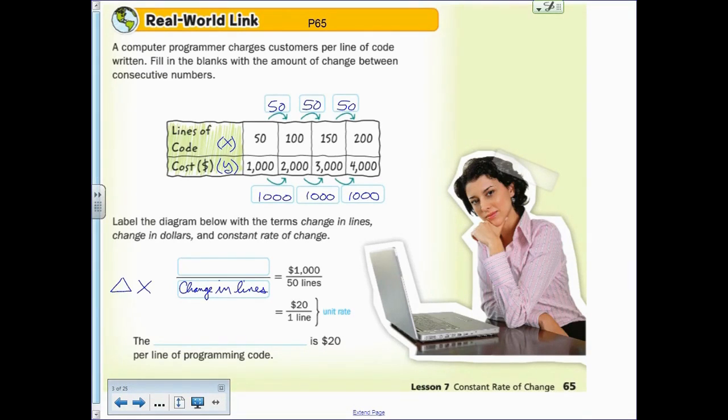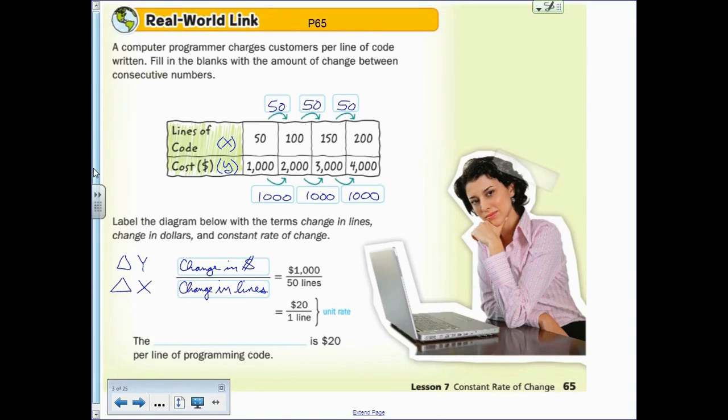It's called a delta, and delta actually means change. So change in X, change in lines is 50 lines. The top here, the $1,000, that shows the change in dollars. And I'm going to put change in Y since that was our Y numbers. So change in Y over change in X.